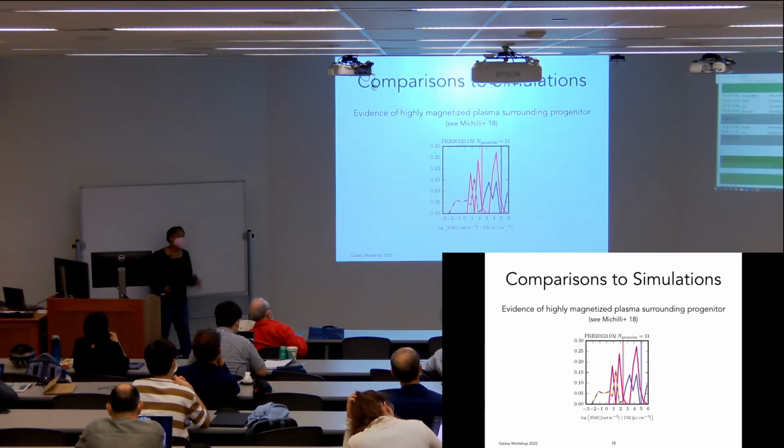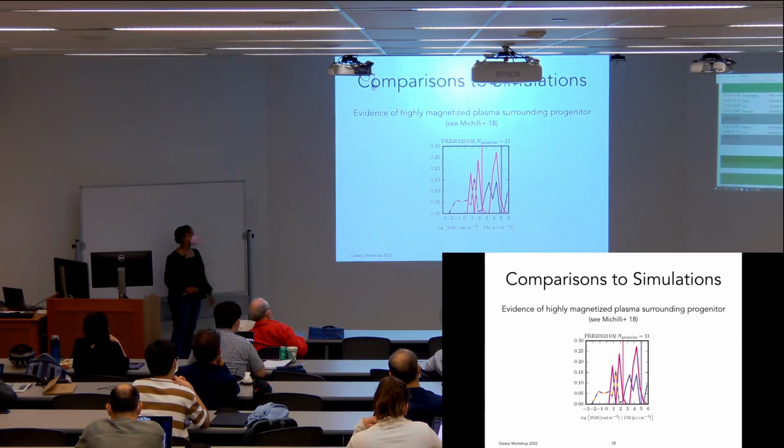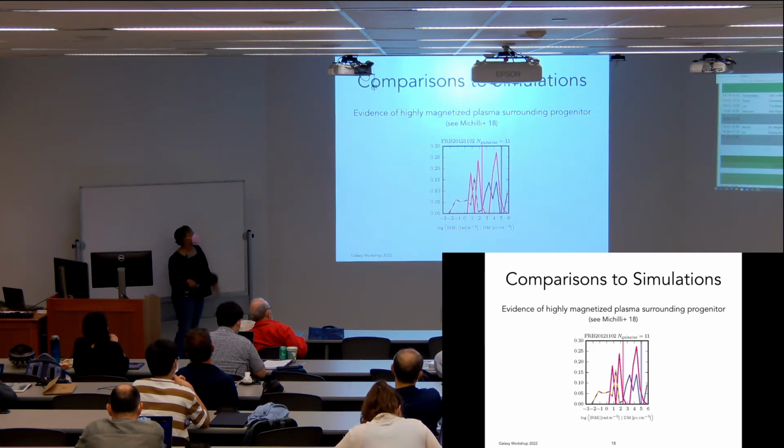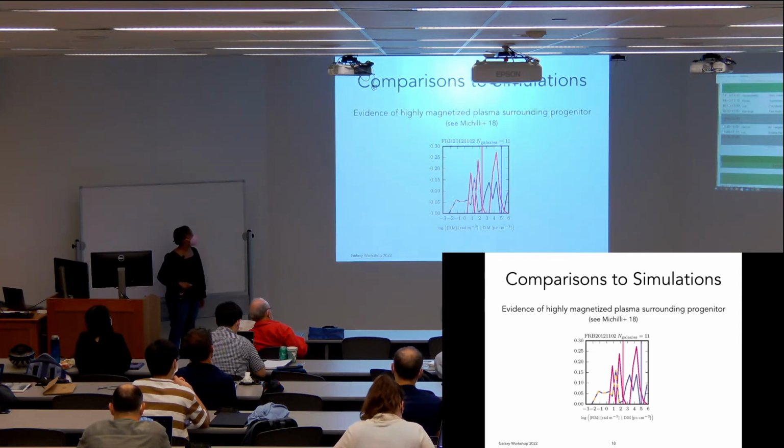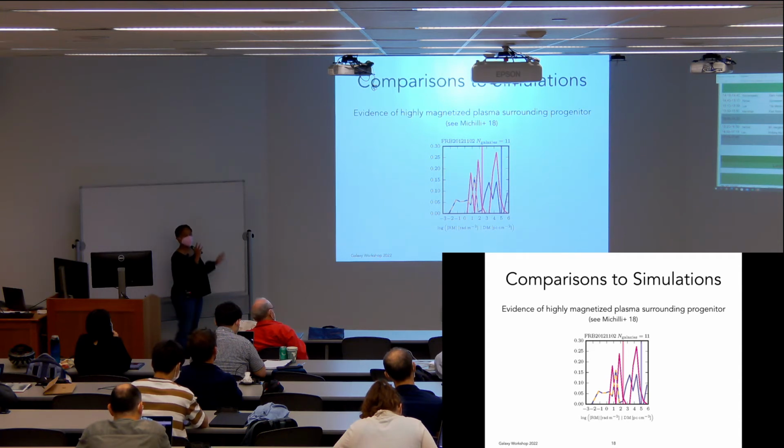So this is the predictions for this burst 2012-1102. This was one of the first bursts that was localized to sub-arcsecond precision, and it was localized to a dwarf star-forming galaxy, to a region of enhanced star formation in its galaxy. And as we can see here, for both the DM limited and the not limited rotation measure predictions, we underpredict the rotation measure for this burst.